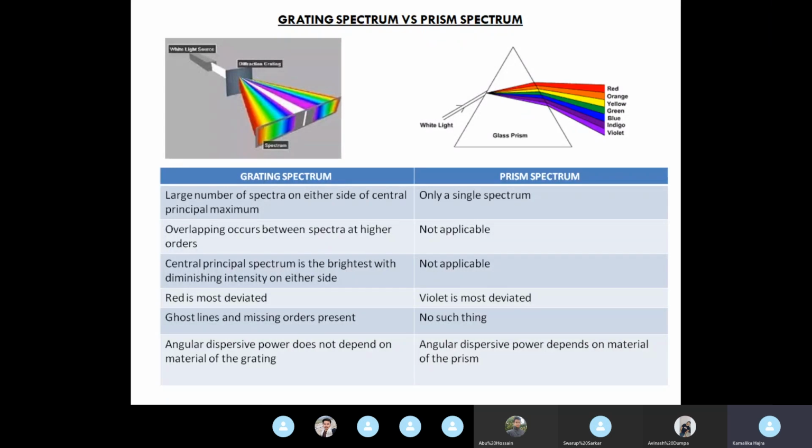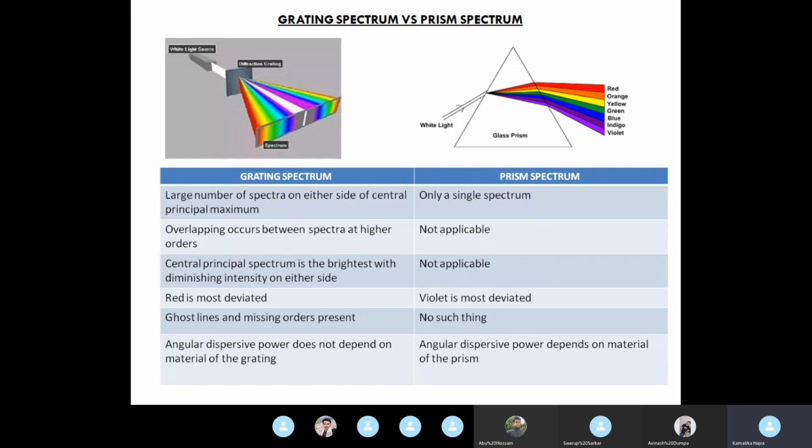Whereas in prism, there is only one single spectrum. Since there are several spectra of different orders in a grating, there may be overlapping between two orders, colors of two orders. This is not applicable for a prism spectrum.